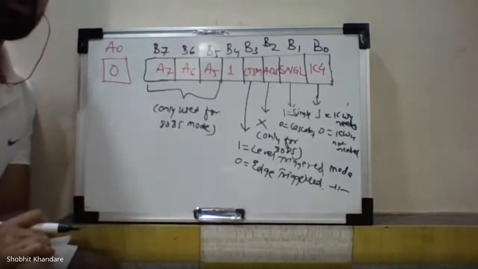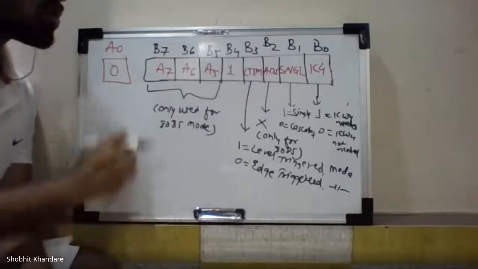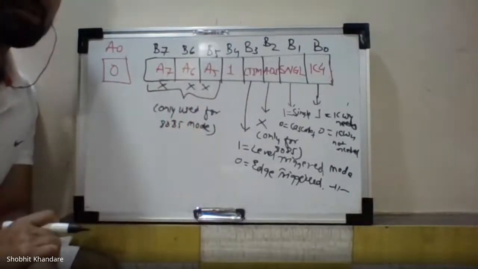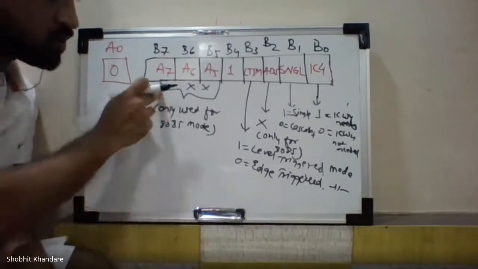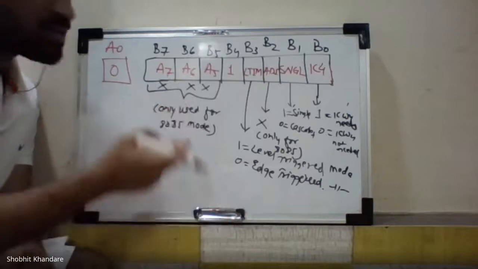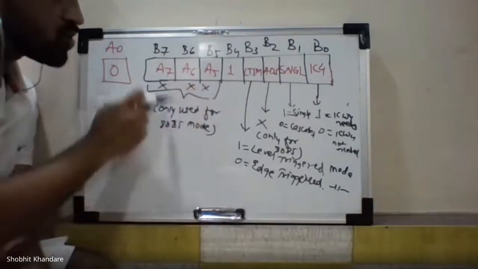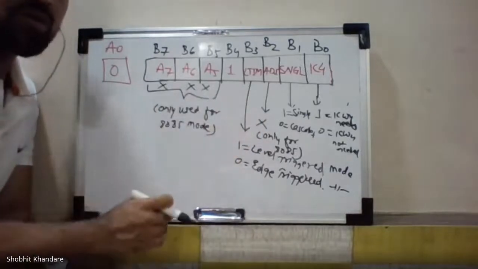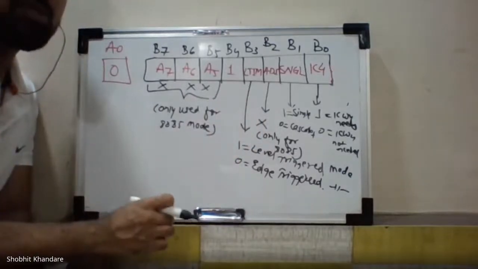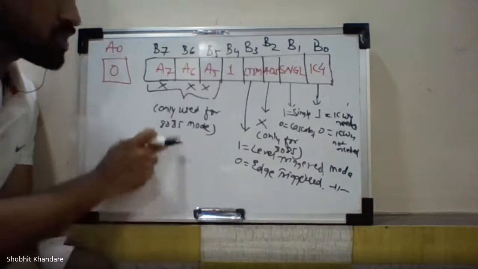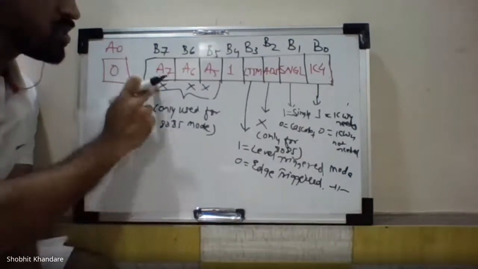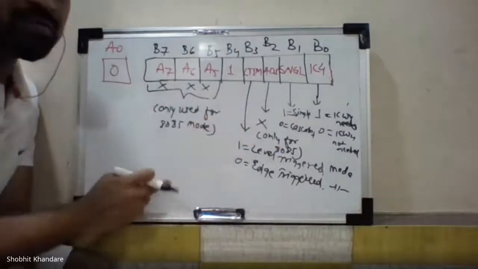So for 8086, these 3 bits are not used. They are don't care conditions. Mostly don't care condition implies 0, 0, 0. Here also it is don't care, so this is also 0. We are assuming don't care is nothing but 0 when I am not using 8085. So when I am using 8086, 0, 0, 0, and this will also be 0.